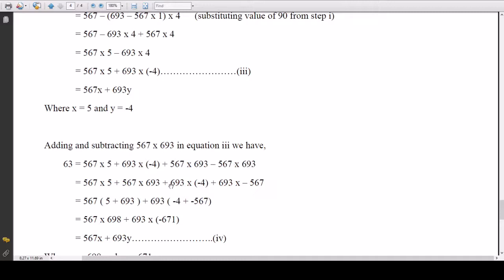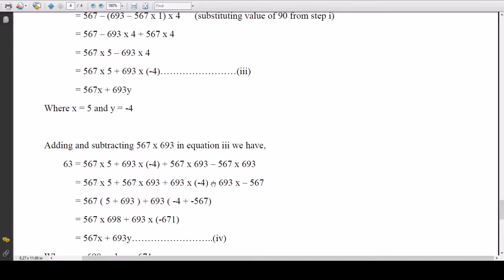Because you have to group them in such a way that you will be able to take common factors. Look carefully: 567 multiply 5, 567 multiply 693, 567 is common here, isn't it? And here also you should be able to take 693 common. That means you write 693 multiply minus 4 plus 693 multiply minus 567.